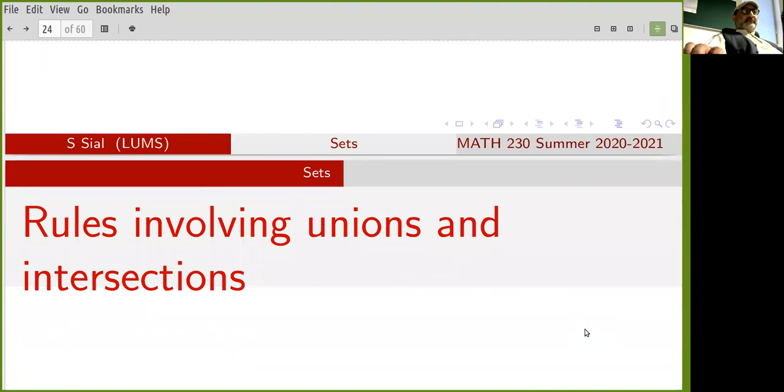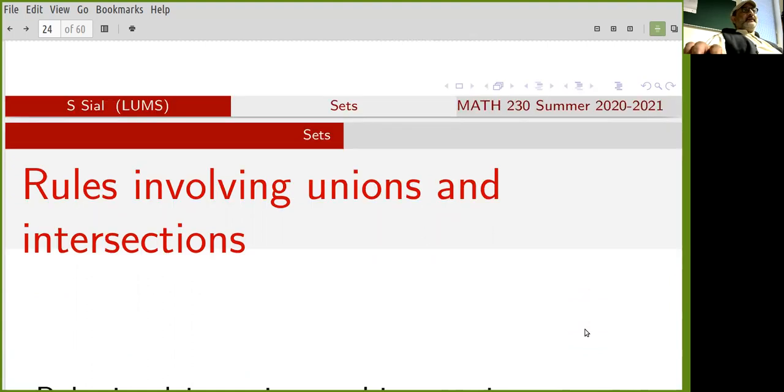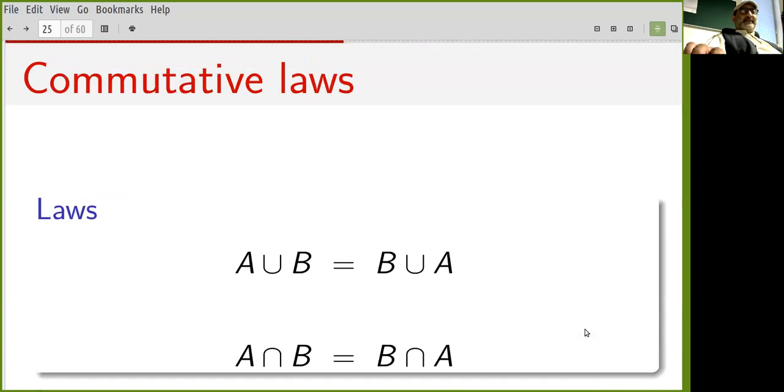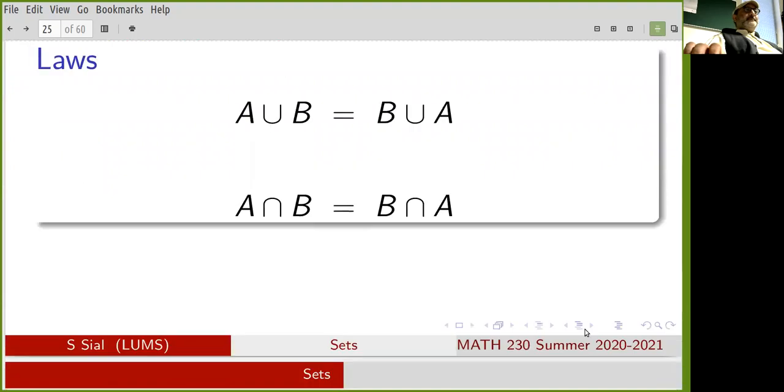We should know a few rules involving unions and intersections. We'll need these for deriving some of our results. It doesn't matter whether you write A union B or B union A, it's the same thing. And it doesn't matter whether you write A intersection B or B intersection A. So these are commutative laws for sets.